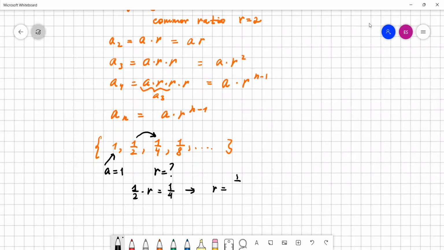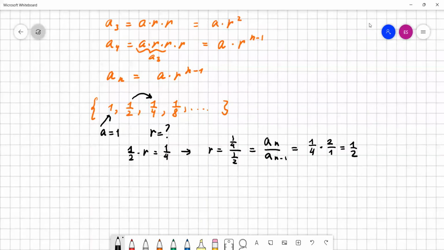That R is 1/4 divided by 1/2, or next term over previous term, right? This is the next term, 1/4. This is the previous term. In our case, division by a fraction is multiplication by the inverse, and we simplify it and get 1/2. So here, my R is equal to 1/2, and my formula for the nth term is going to be 1/2 to the power of n minus 1.